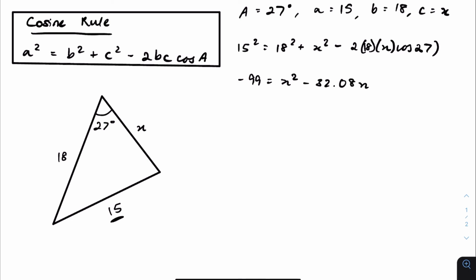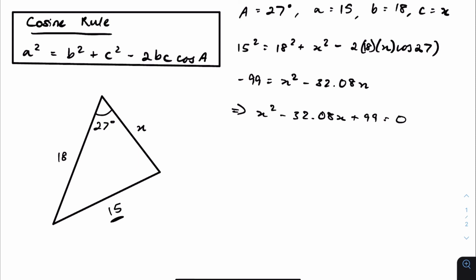And now we can actually see this as a quadratic, so if we bring the 99 to the other side, we get x squared minus 32.08x plus 99 is equal to 0. And we can actually use a quadratic formula to solve this, or we could graph it if we had a GDC.